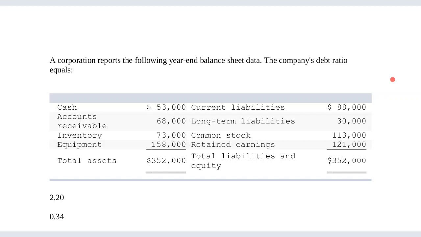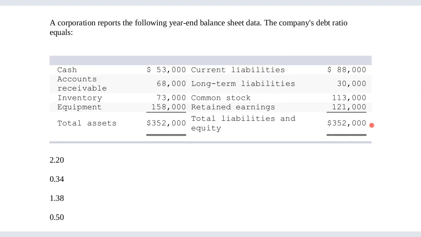And the last one is the debt ratio. There's a debt to equity ratio and there's a debt ratio. Do we know what the formula is for debt ratio?